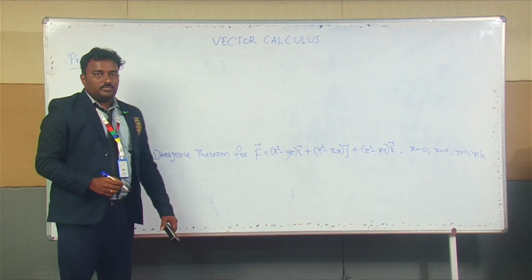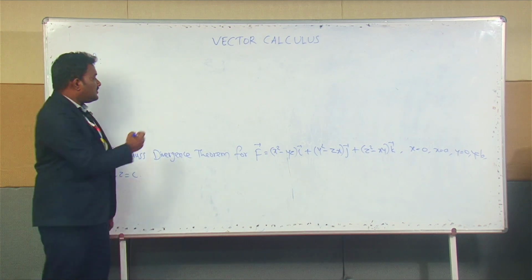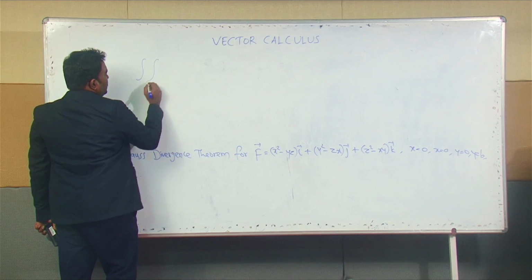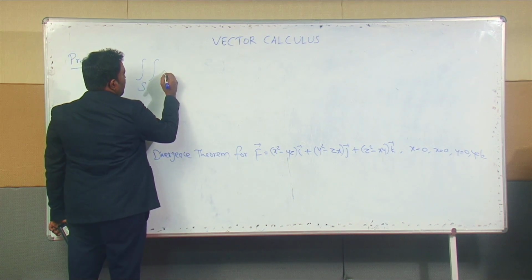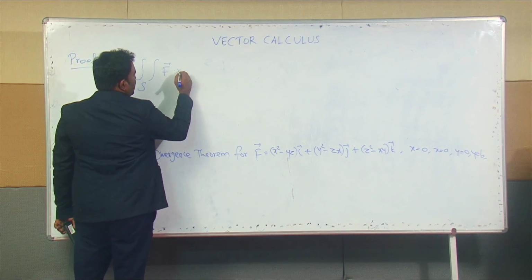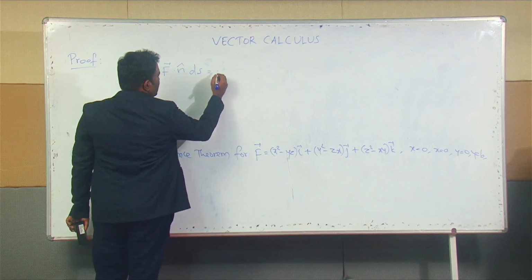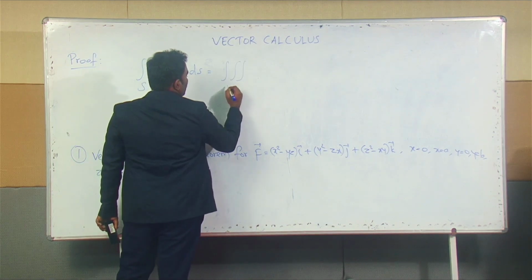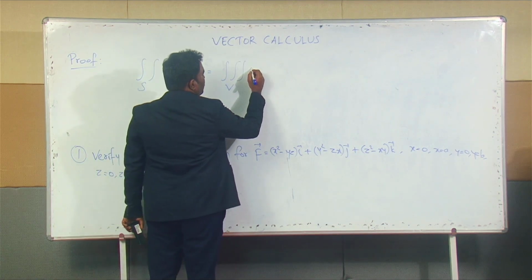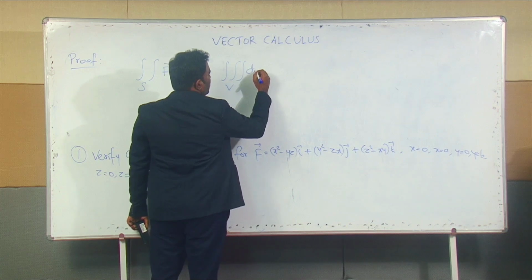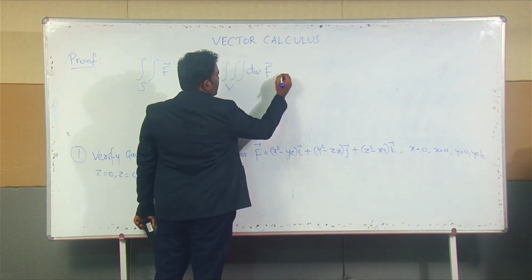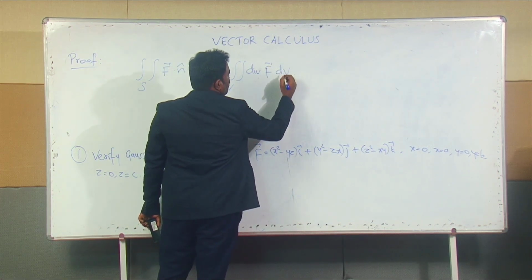Okay, so for the proof of the problem, we write the first statement: double integral over S of F vector dot n cap dS is equal to triple integral over V of divergence of F vector dV.